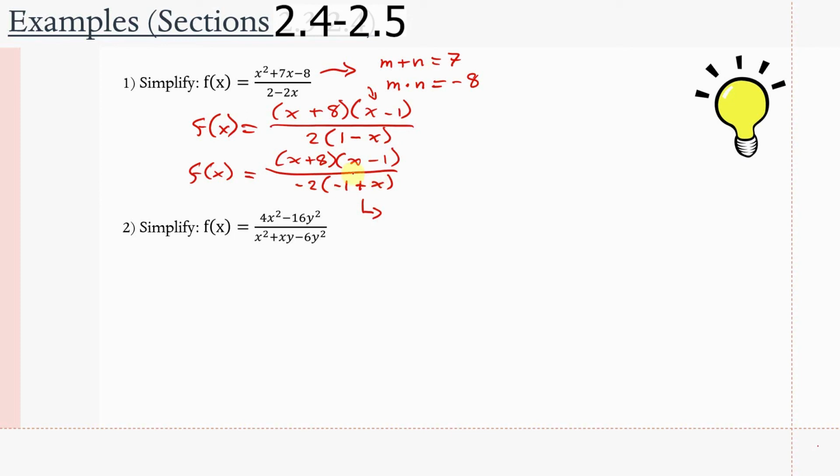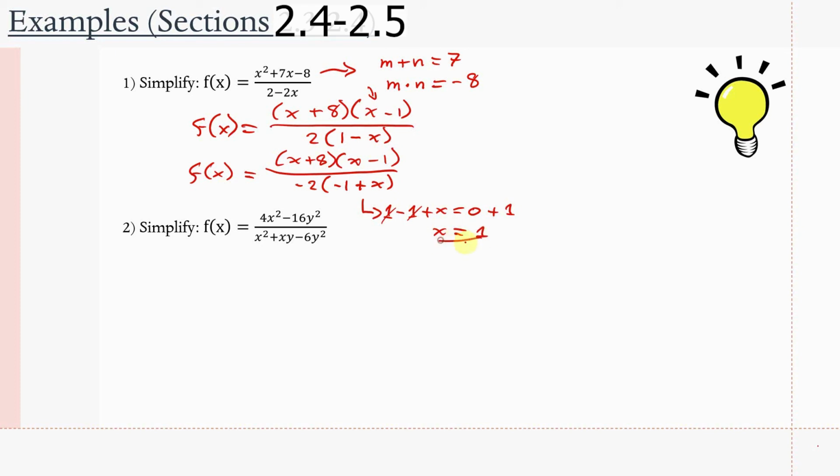What x value makes this factor 0? Let's find out. If we have negative 1 plus x equal to 0, what is x equal to? We can add a 1 to each side, and these two will cancel out, and we get left with x equals 1.